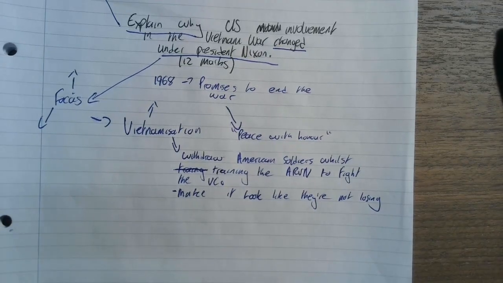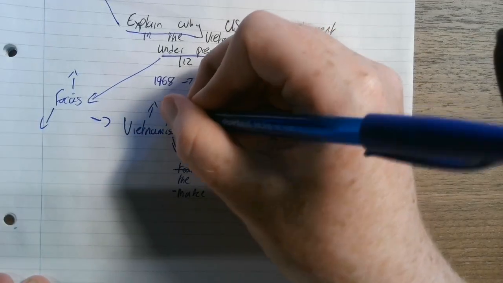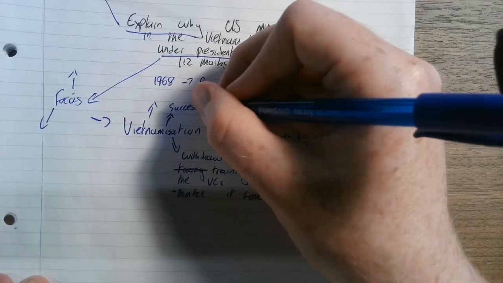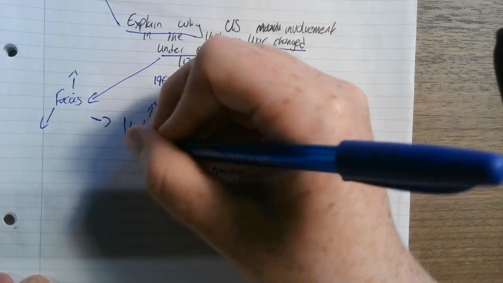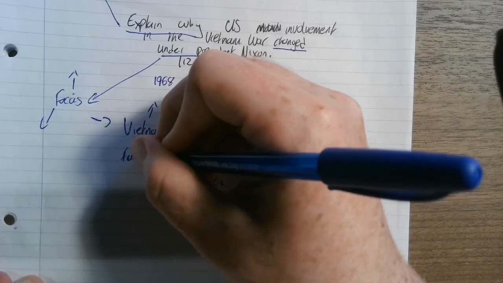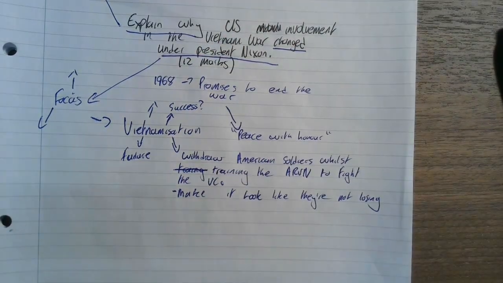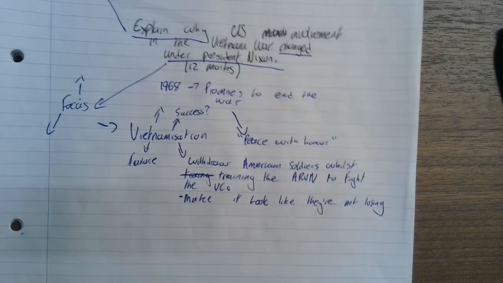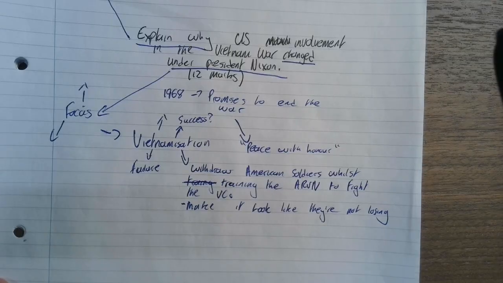Right, let's have a look at another reason. Again, remember, there are lots of reasons for success and lots of reasons for failure. It is a bit of a mixed bag, Vietnamization. Let's have a look at reasons for failure.